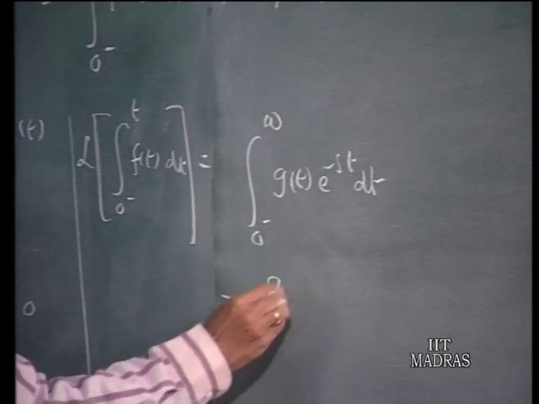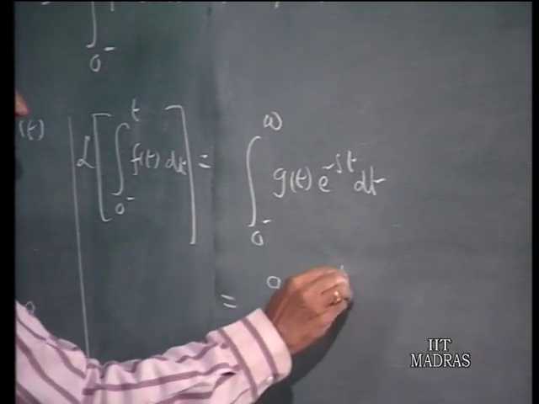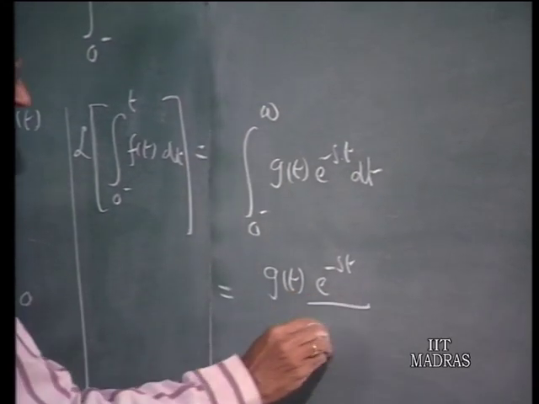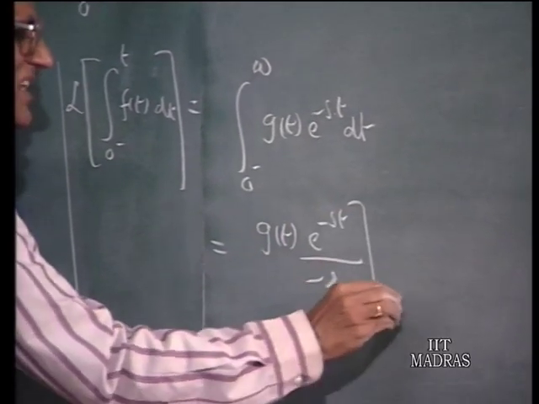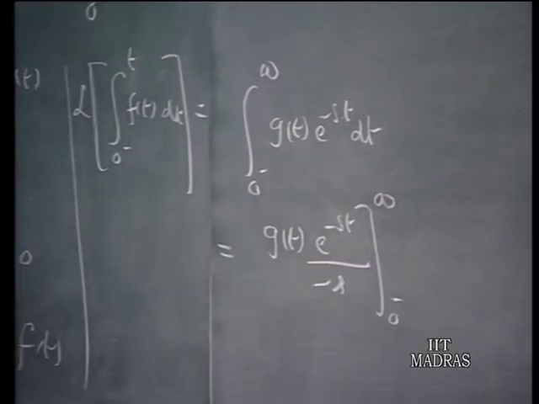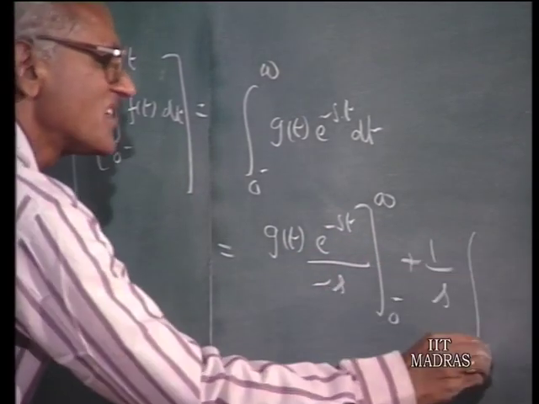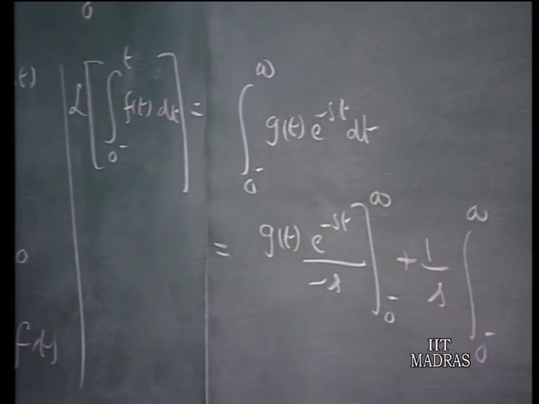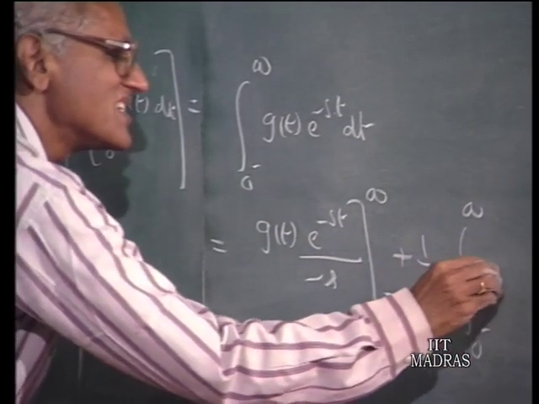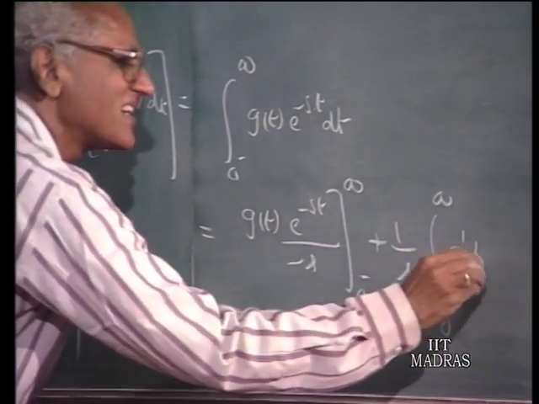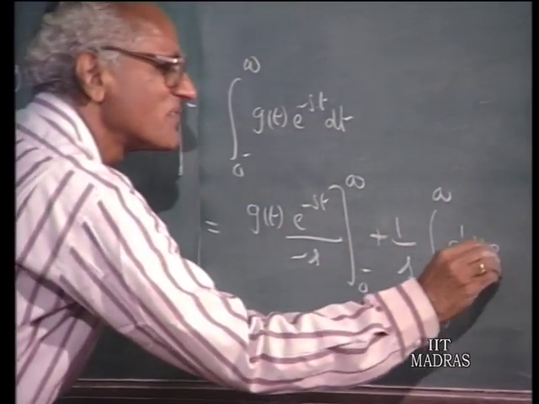I will take g(t) e to the power of minus st divided by minus s between 0 minus and infinity, plus 1 over s times the integral from 0 minus to infinity of e to the power of minus st times g prime(t), the derivative of g(t), dt.